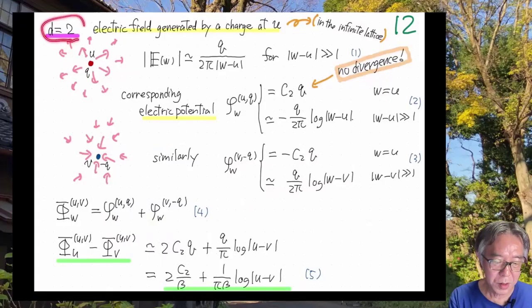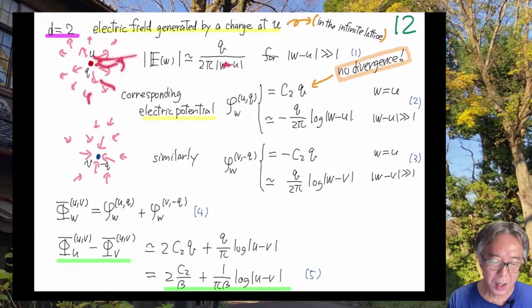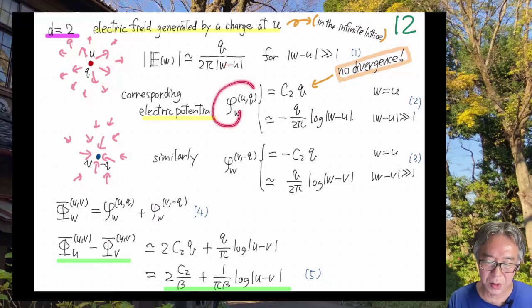So let's consider 2 dimensions, and for some reason I want to be in an infinite lattice now. You consider the electric field generated by a single charge at position u. You know that in 2 dimensions, the electric field decays like 1 over distance, and the corresponding potential is log.